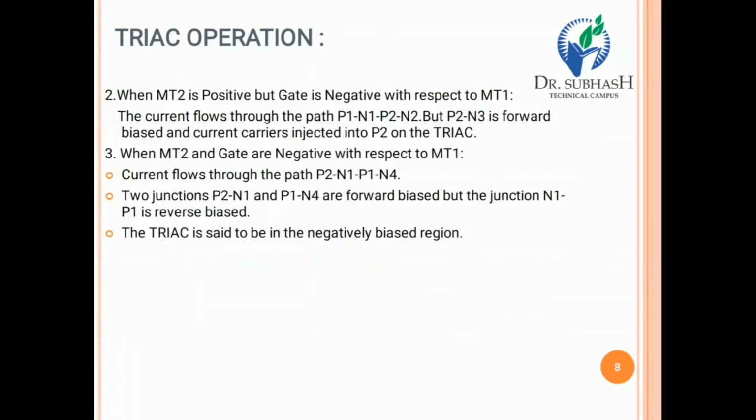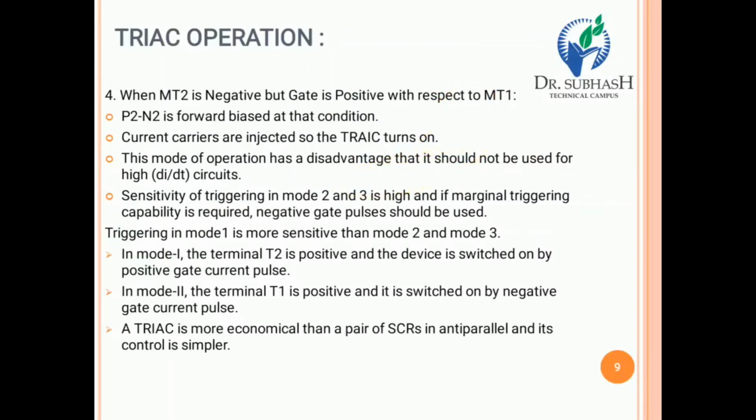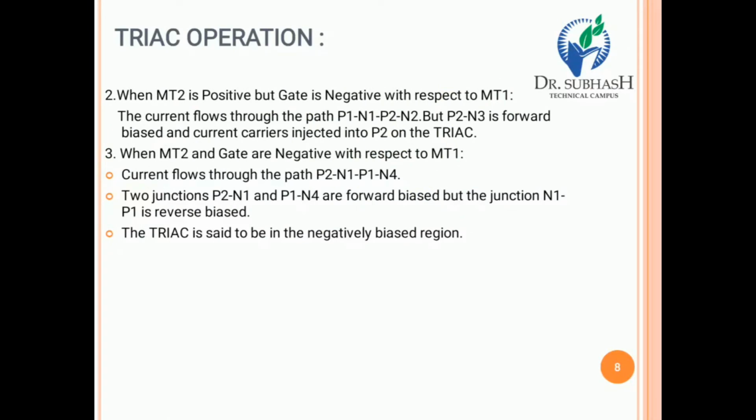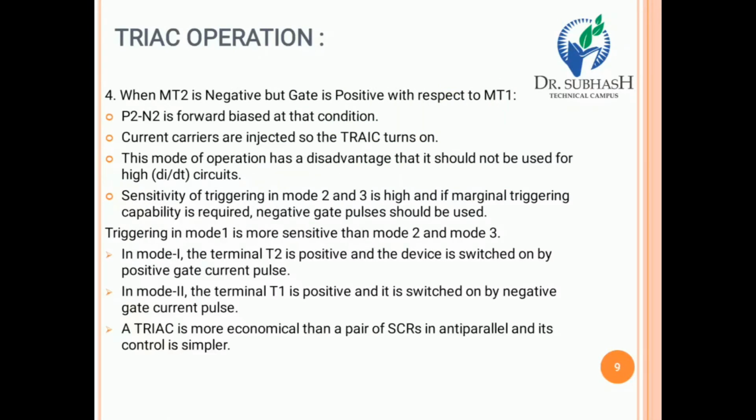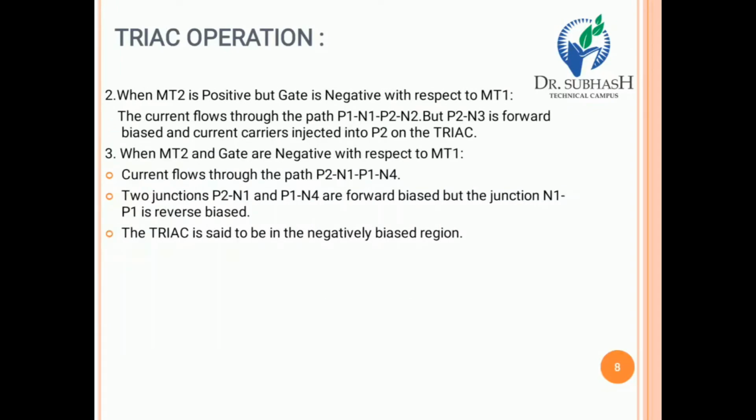But P2-N2 is forward biased and current carriers are injected into P2 when the gate is negative with respect to MT1. So the current flows through the path P2, N1, P1, N4, right?